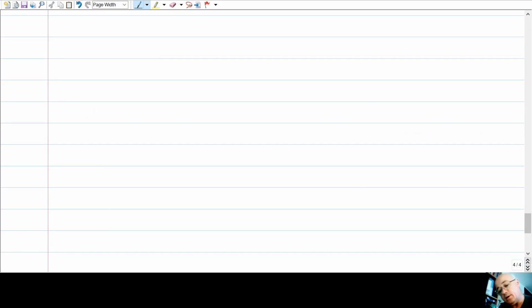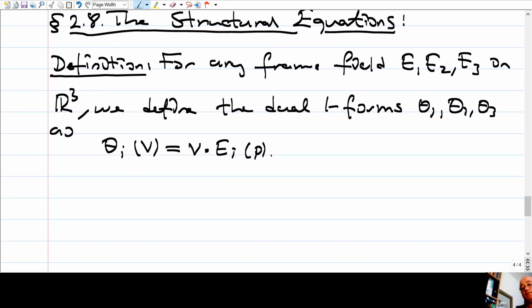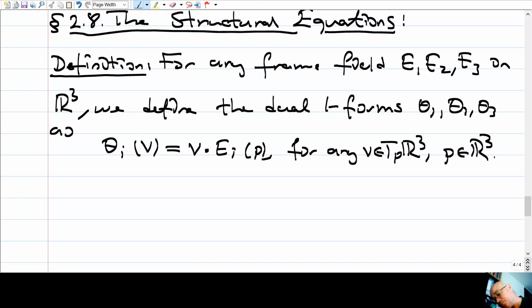Okay, it is clear that this is a one form because you take this vector field and dot it with v. This quantity is linear with respect to the v coordinate. Therefore, this is a one form. Okay, so for any v in tp r3 and p in r3.